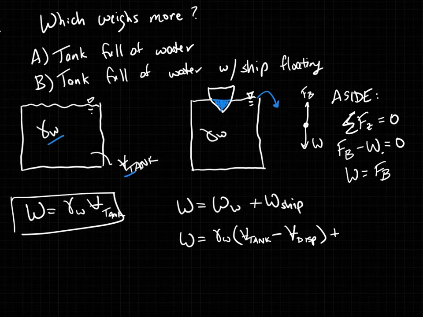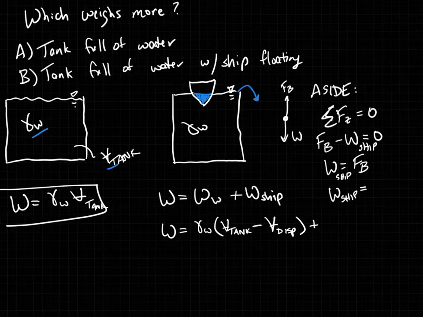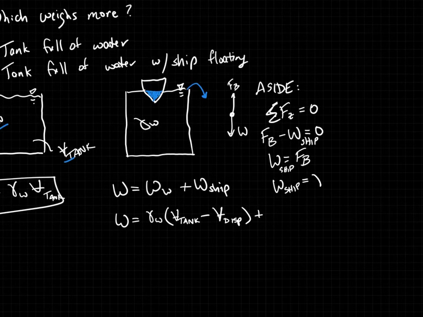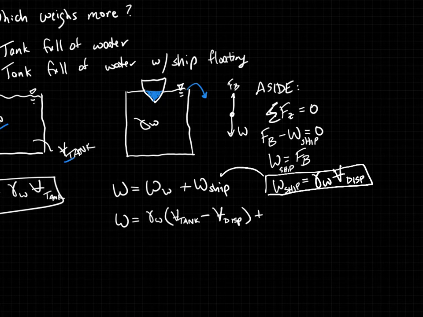Oh, I guess that's weight of the ship, right? To stay consistent. So the weight of the ship equals, what's the force of buoyancy of the ship? Well, the force of buoyancy has an equation, and it's the gamma of the fluid that surrounds it, so it's the gamma of the water times the volume displaced. So I can plug this in as the weight of the ship for this weight of the ship right here.